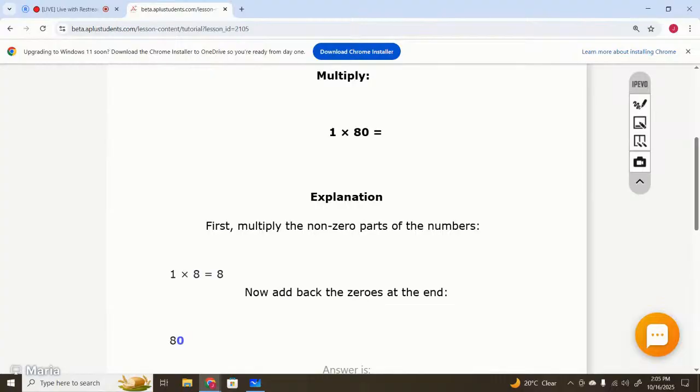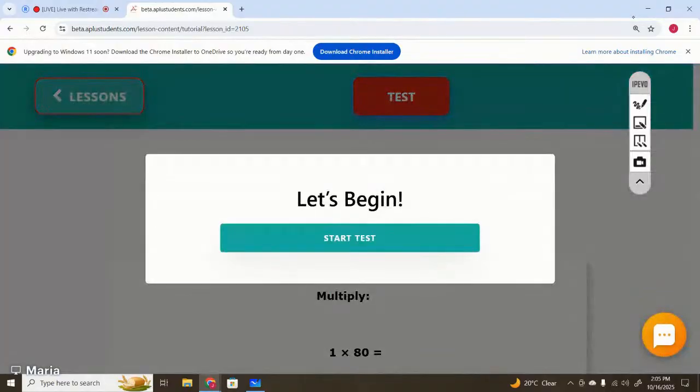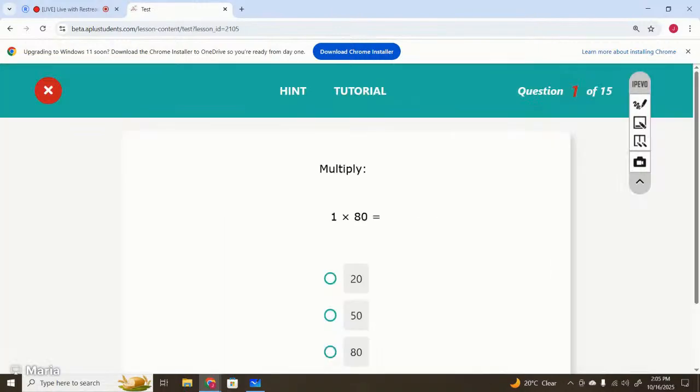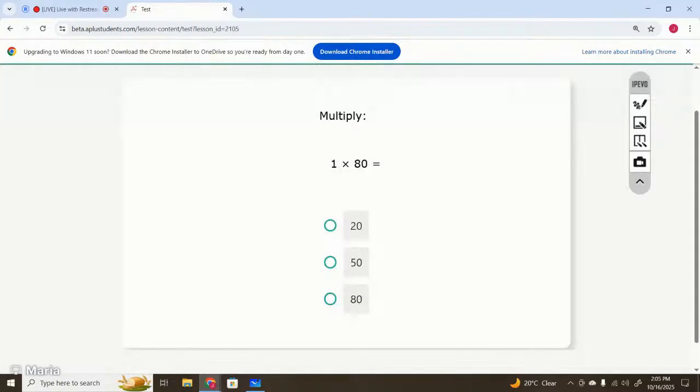So 1 times 80 equals 80. Let's start with the test questions. 1 times 80. Whatever number it is, the number stays the same. So 1 times 80 is 80.